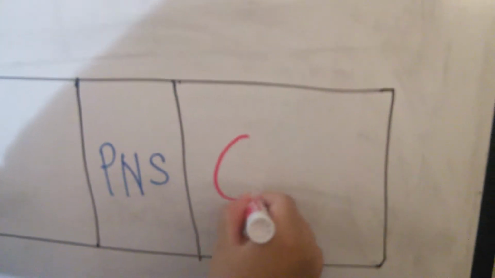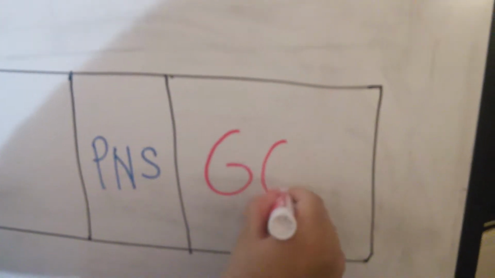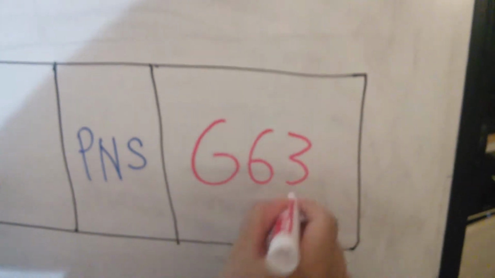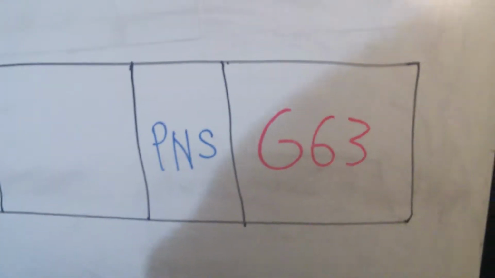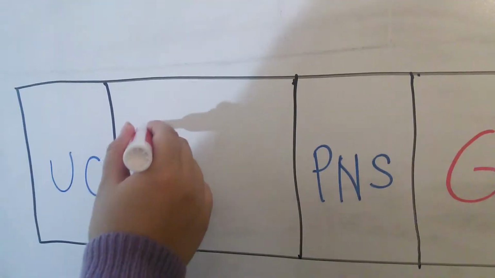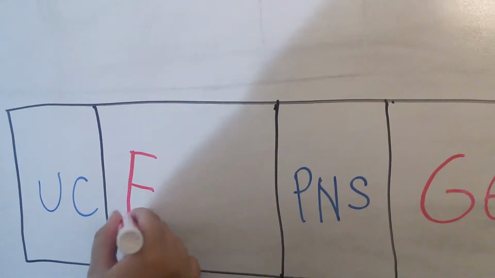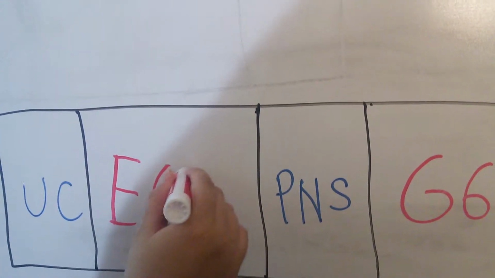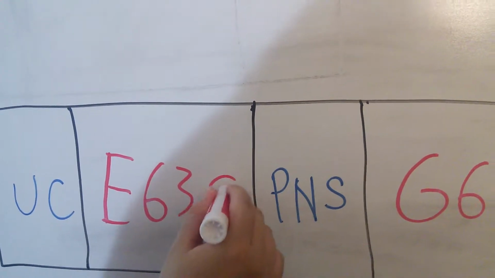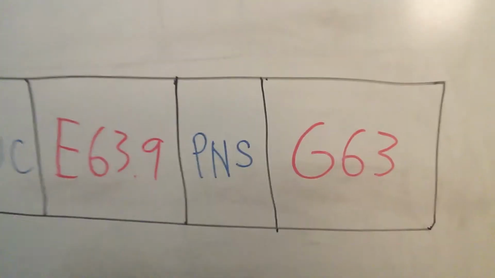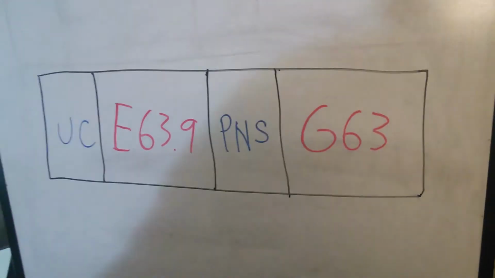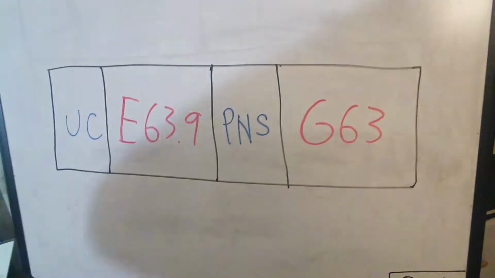Okay, first, the one for the nerve part, which is G63. And it says code first the underlying condition. So we go back and we code first the underlying condition, which would be E63.9. Okay, now we're going to check these codes in the tabular, and that would be the end of the problem.